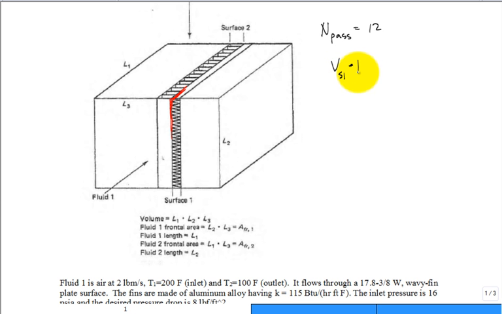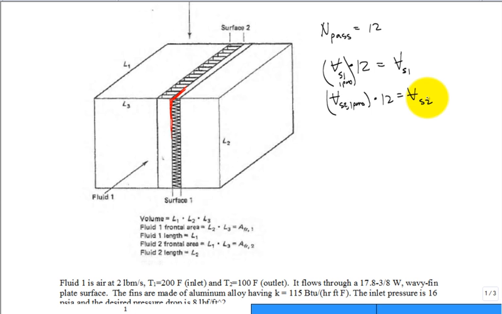If you multiply that by 12, you get the total volume, these are all volumes, that fluid 1 can go through on side 1. And then you had the volume for side 2 for one passage. Didn't we just do that? And you multiply by 12, this is for one passage. And then you get the total volume of this heat exchanger that's devoted for side 2 for fluid to flow through.